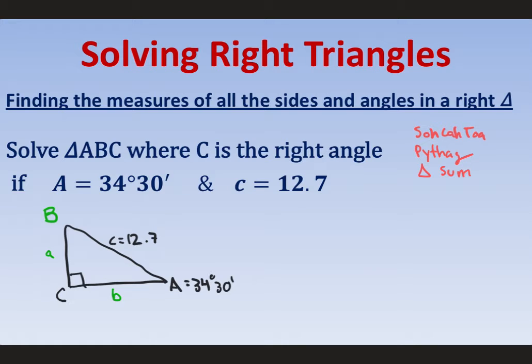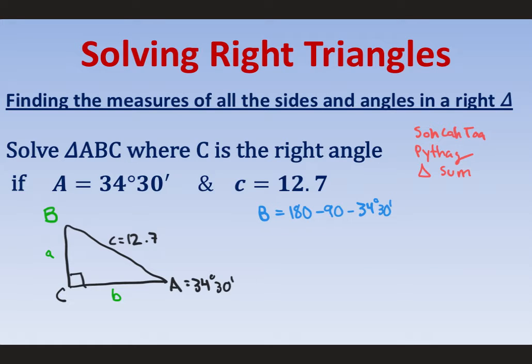All right, so to find the other missing angle, angle B, angle B is going to be 180 degrees in the triangle minus the other two angles. So that's minus 90 and minus 34 degrees and 30 minutes.